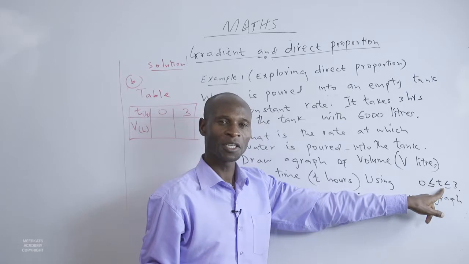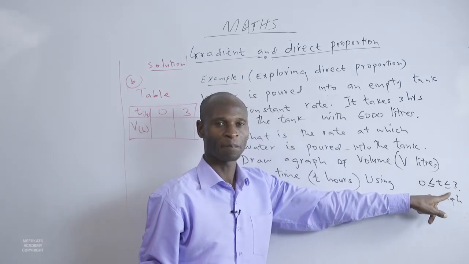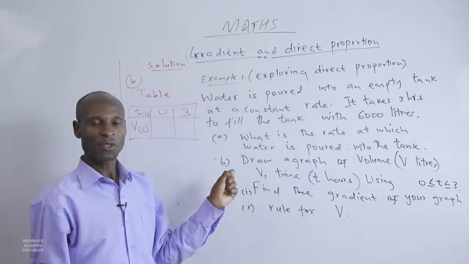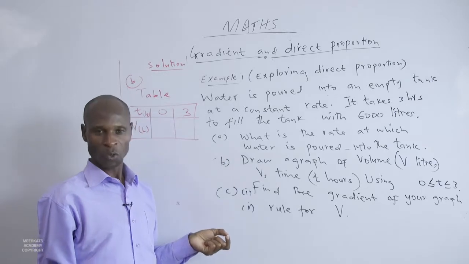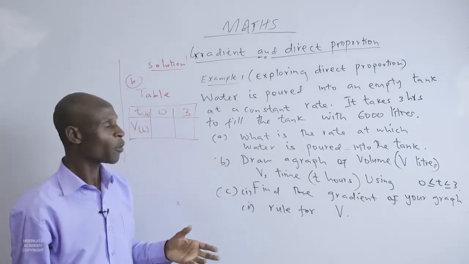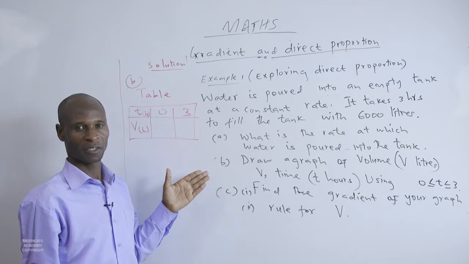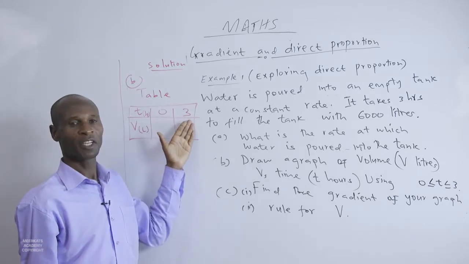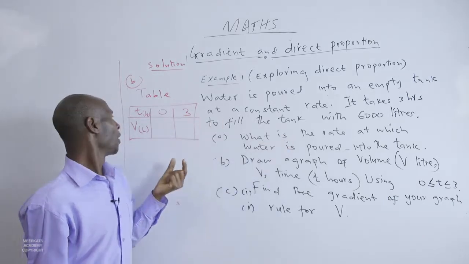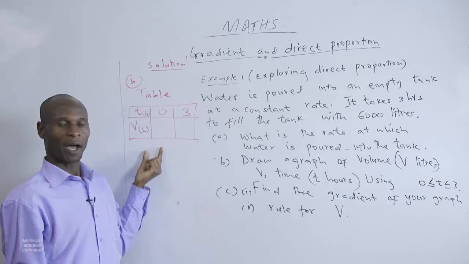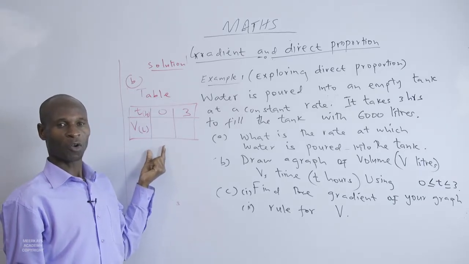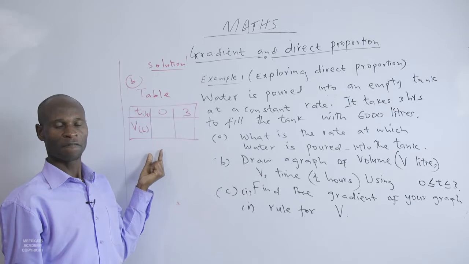And the same, T is less than or equal to 3. So that means the values 0 and 3 are inclusive. And therefore, we only use those endpoints, 0 and 3, for T. We go ahead and find the corresponding value for volume.